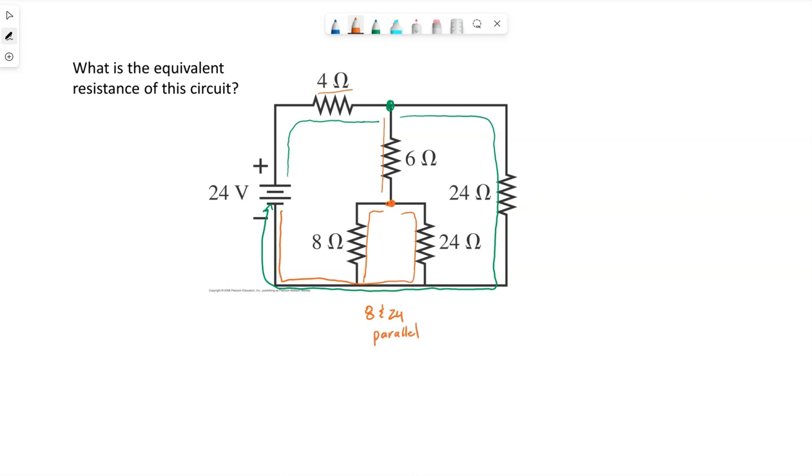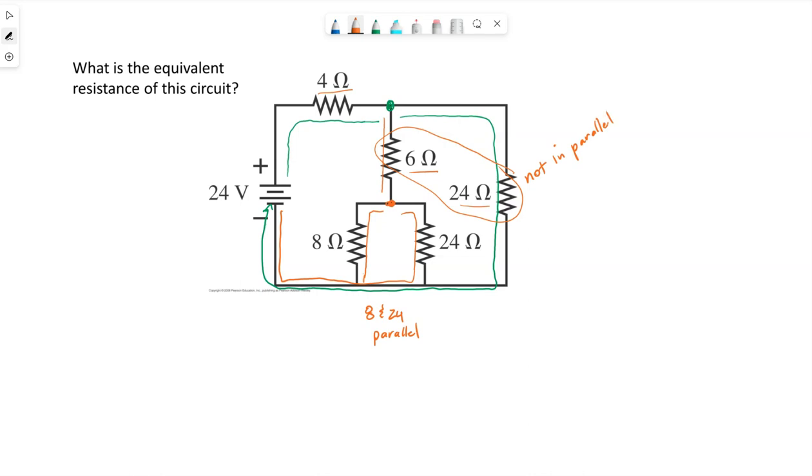The reason why, I cannot say this 24 and 6 are in parallel, because that would mean my path would take me through just the 6 or just the 24 and then get me back to the other side of the battery. That's not the case. So these are not in parallel just by themselves is what I mean.